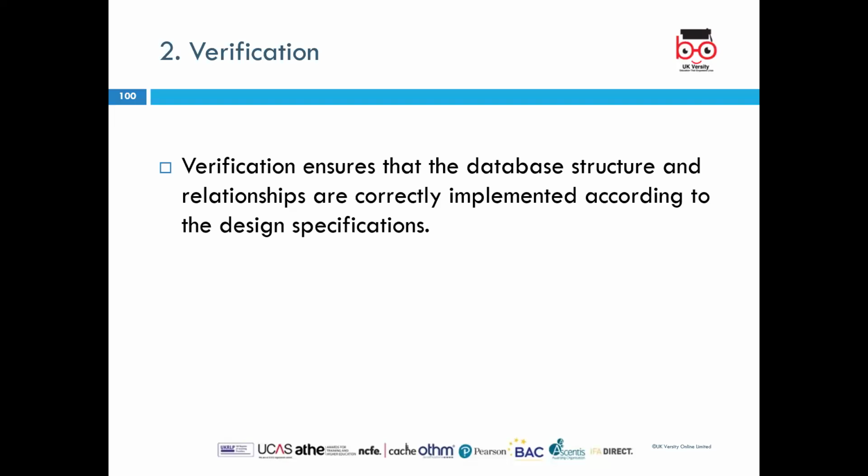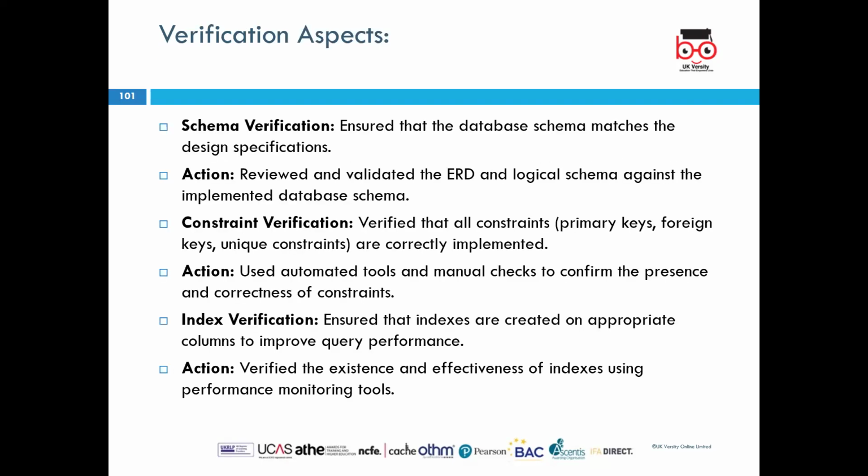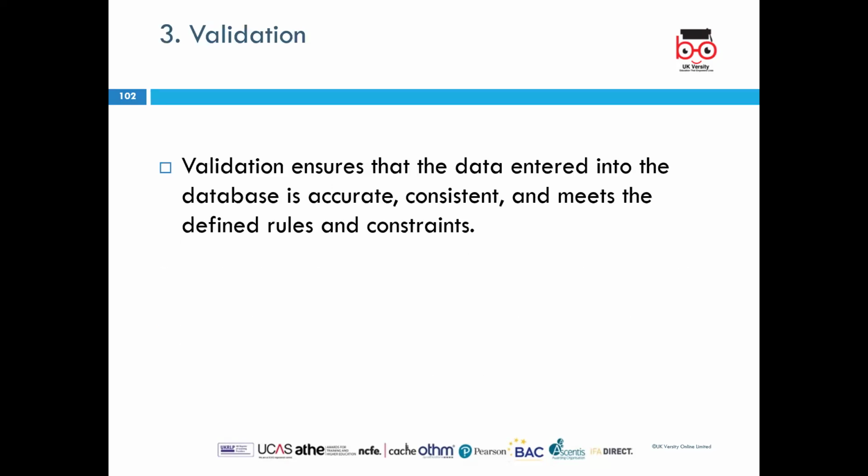Verification, which is going to ensure that the data structure and relationships are now correctly implemented according to our initial design specification. So we need to look out for our schema verification, consistency verification, and index verification.